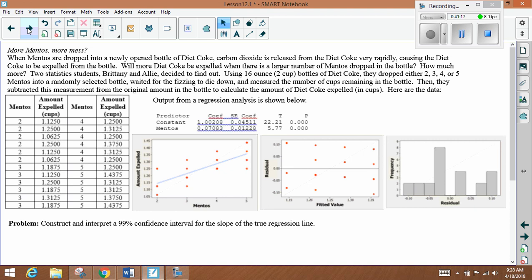So here we go. We got some Mentos. And the data looks strange right away, right? I took a pause because I looked at that residual plot, and I said, huh. Is there a pattern in this residual plot?